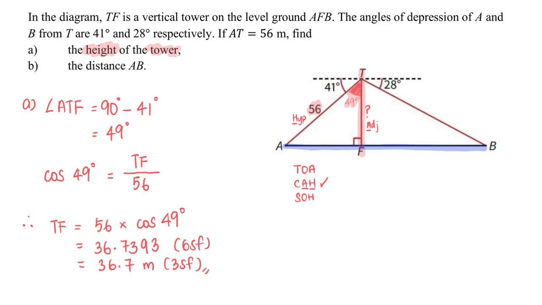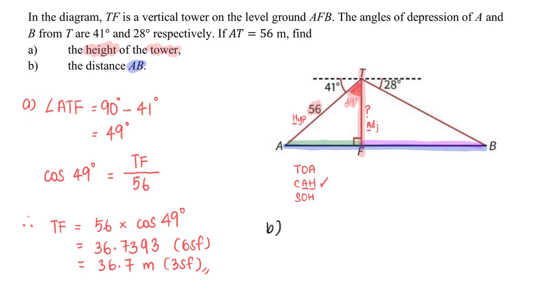Well, the most straightforward way would be for us to find AF and BF. Then when I add AF and BF, that will give me my AB. Okay? So that will be my approach for part B, which I'm going to write here.